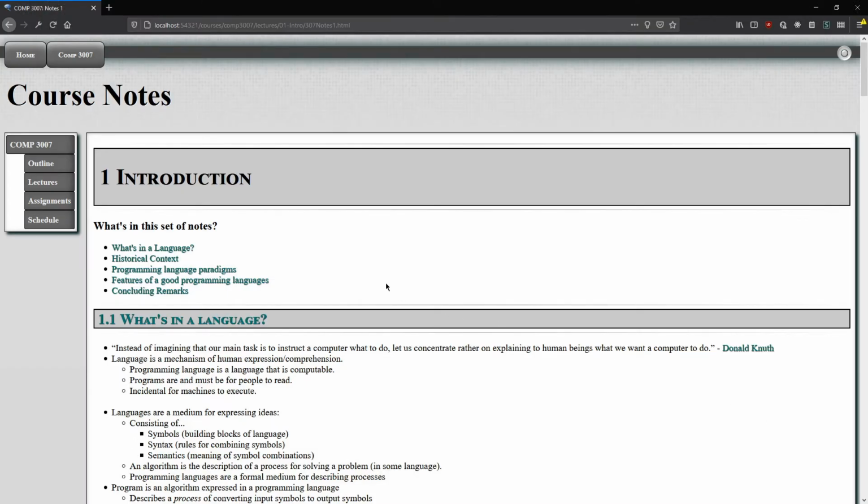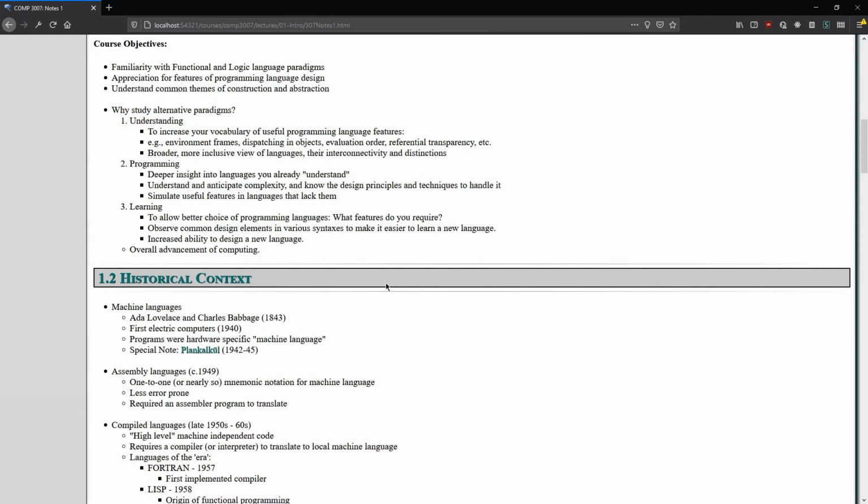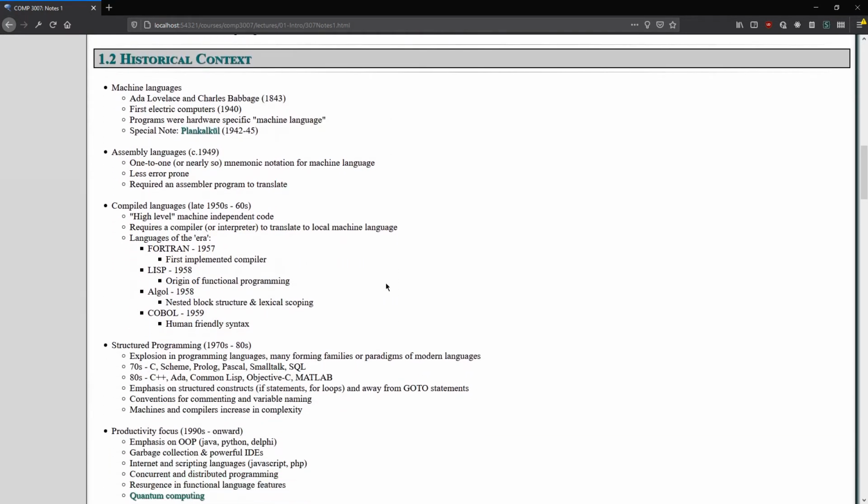So to understand the emergence of complexity in languages, it will help to observe a brief historical context. So modern high-level languages are built on top of their predecessors. We build complex programs that are dependent on complex compilers and interpreters that are themselves complex programs dependent on other complex compilers and interpreters.